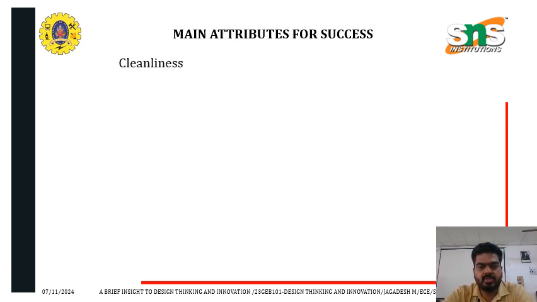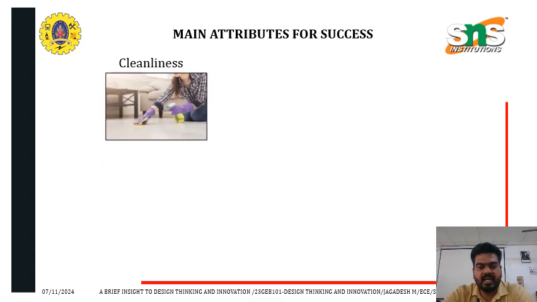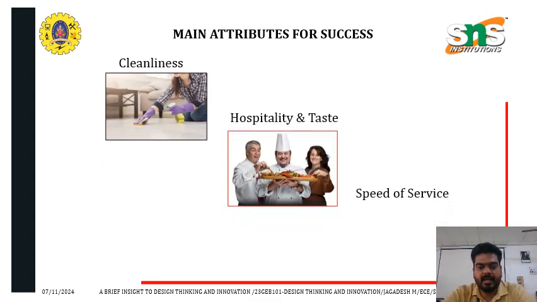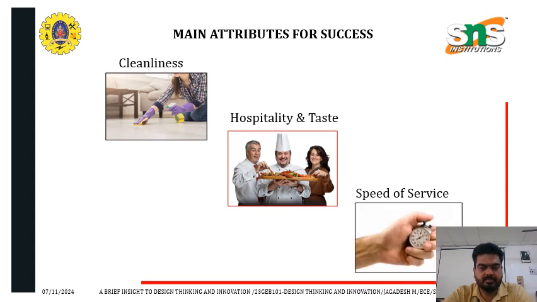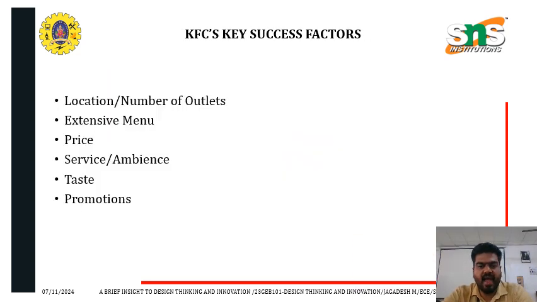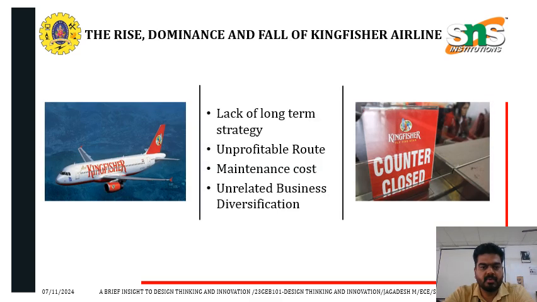The main attributes they focused on were cleanliness, hospitality, taste, and speed of service. The key factors of the service were location, a high number of outlets, an extensive menu, price, ambience and service, taste, and promotions.